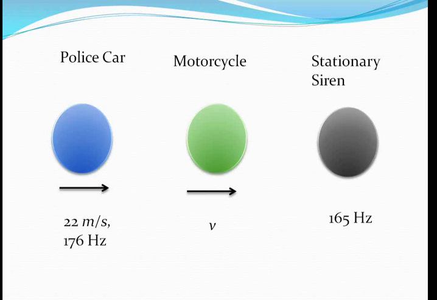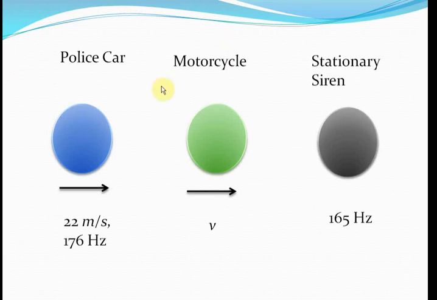Now this motorcyclist does not hear any beats. We can clearly see that the frequencies emitted by the police car and the stationary siren are very close to each other. So in ordinary circumstances he should have heard beats. But if he does not hear beats, this means that the frequency observed by the motorcyclist coming from the police car and coming from the stationary siren is exactly the same.